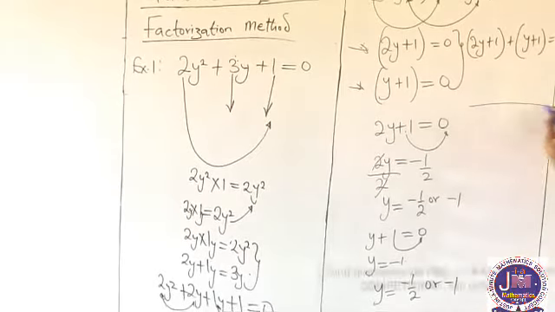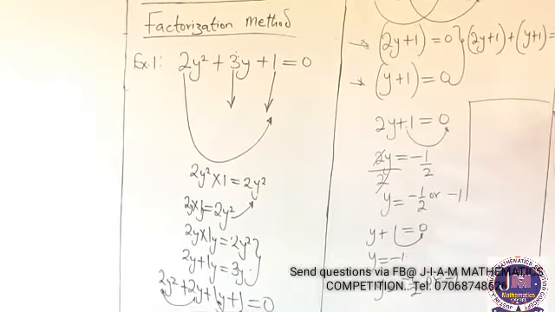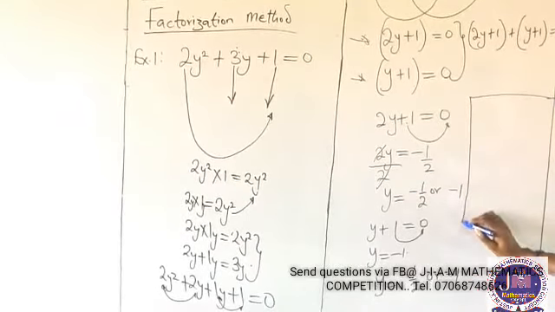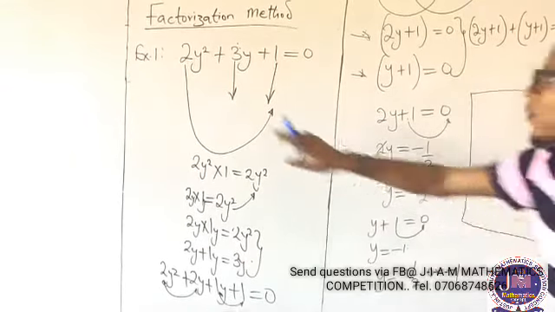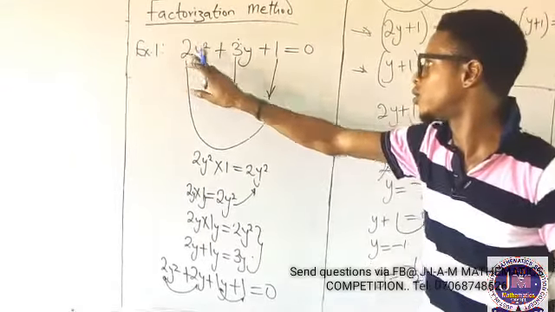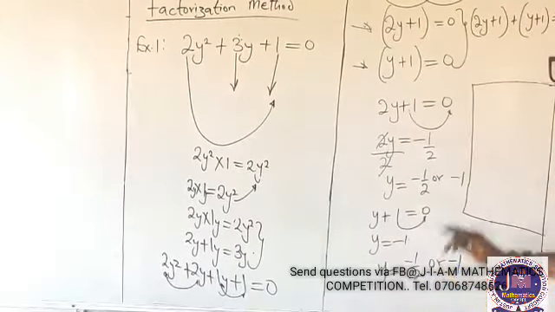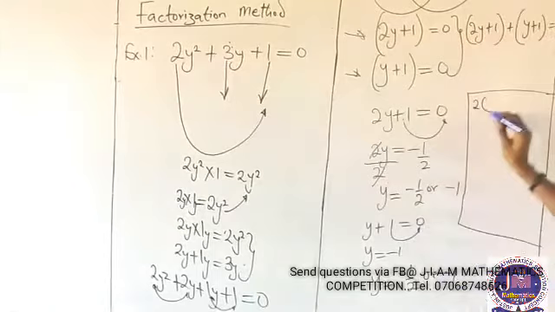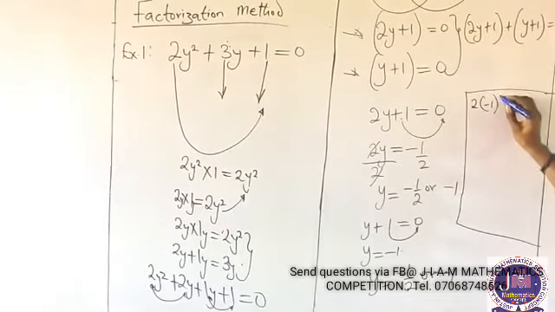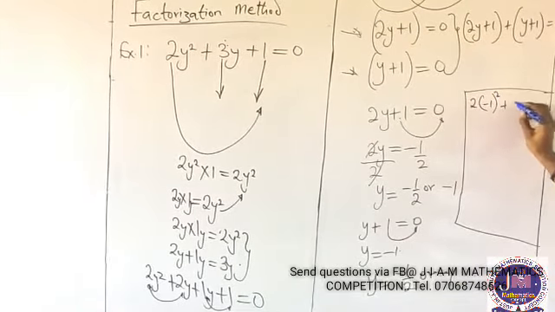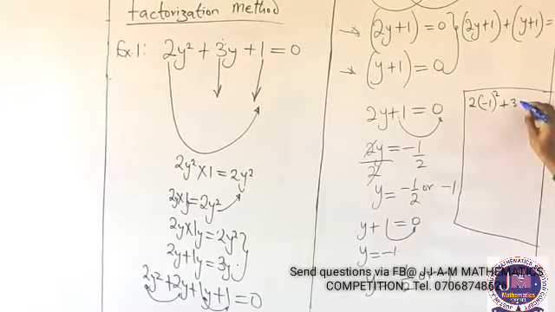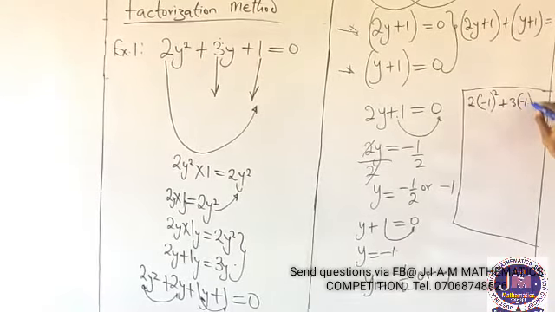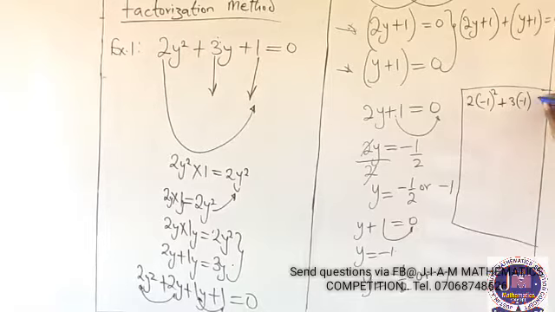Now you can quickly check if your answer is correct. Let's check if y equals minus 1. Wherever you see y, you put minus 1 there: 2 times minus 1 squared, plus 3 times minus 1, plus 1.